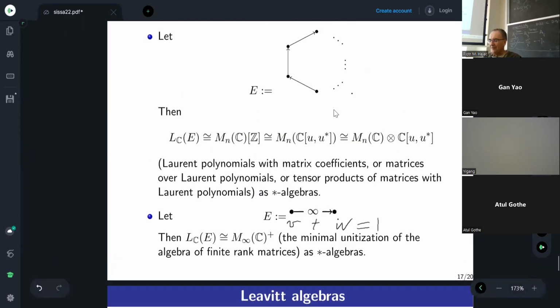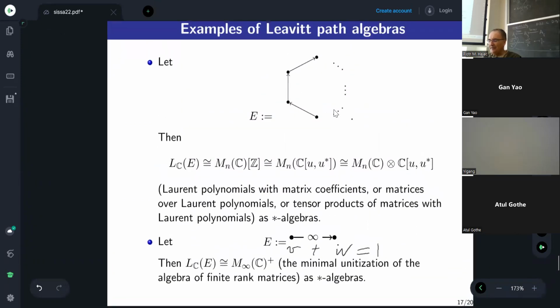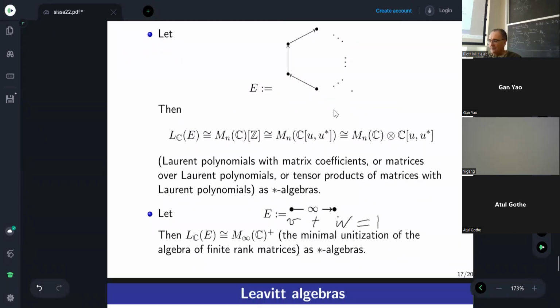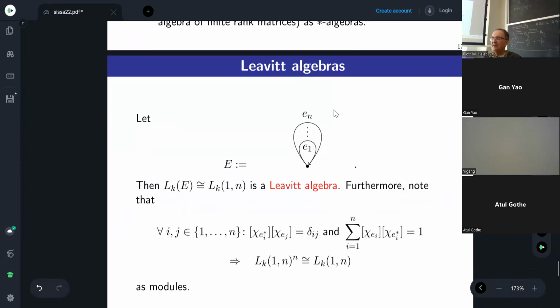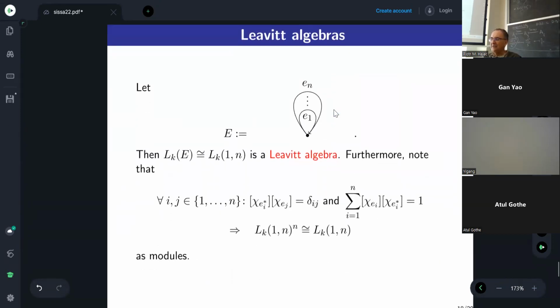Before I give you this research problem, I want to explain why poor Guy Leavitt is involved here. He published an interesting paper in the 60s, I think 62, so it's before I was born. He was interested in the following problem.